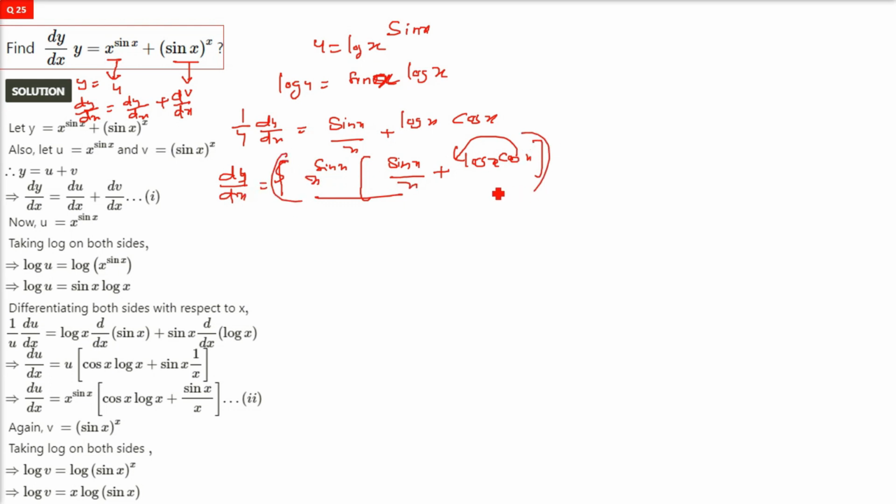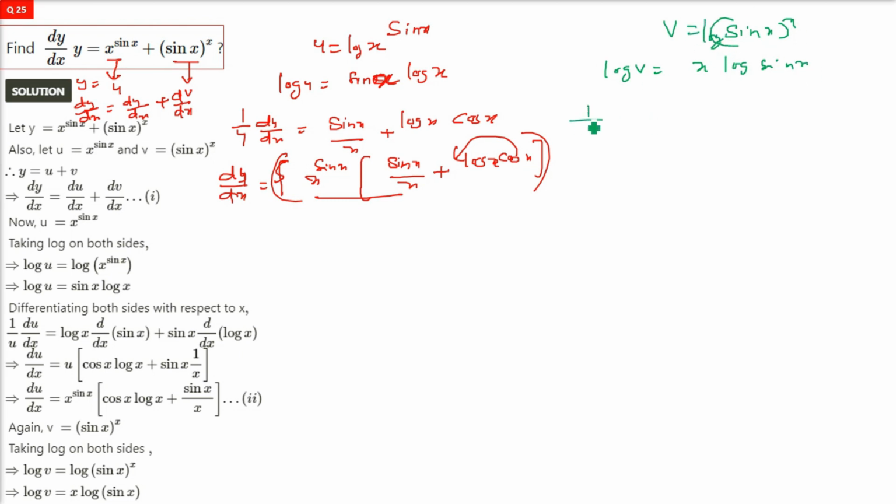So now you have to add it with the other term which I am going to tell you. This is the first term, we already got the first term. Now, v is equal to sin x to the power x. So log v will be equal to x log sin x. Now we will differentiate them.